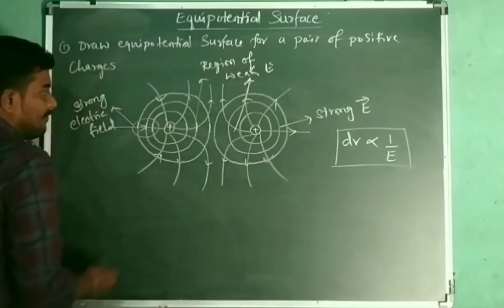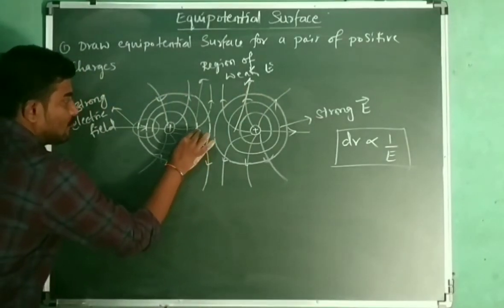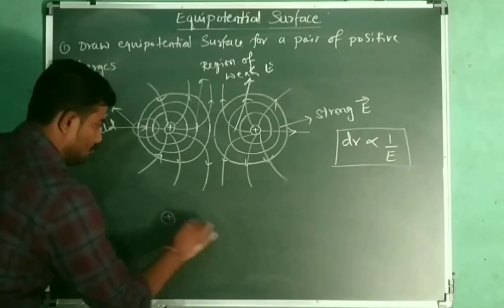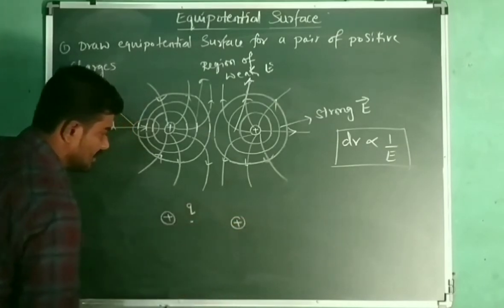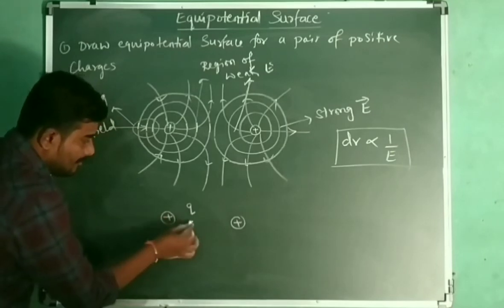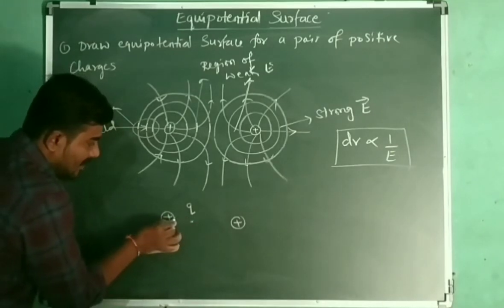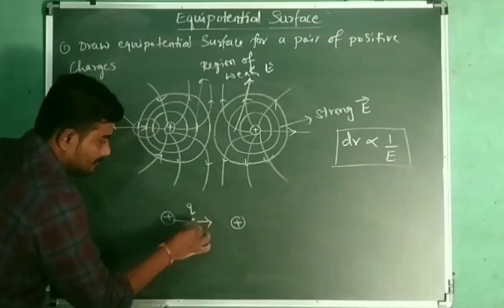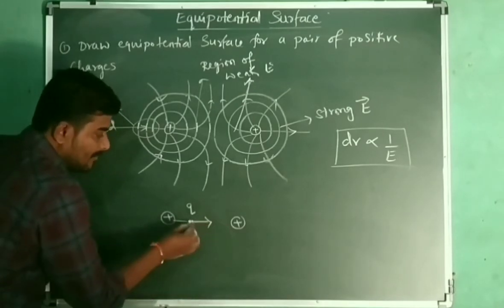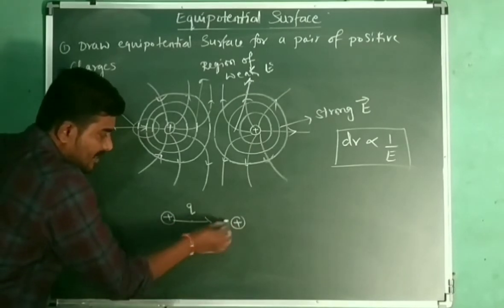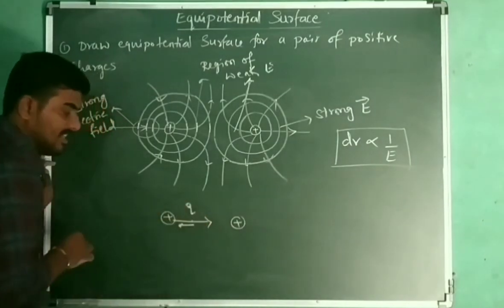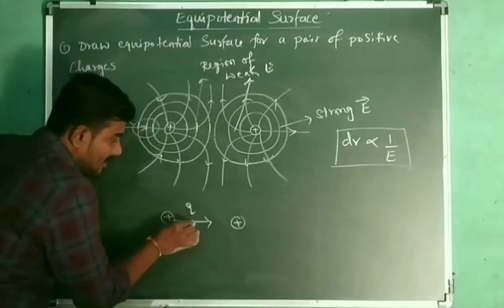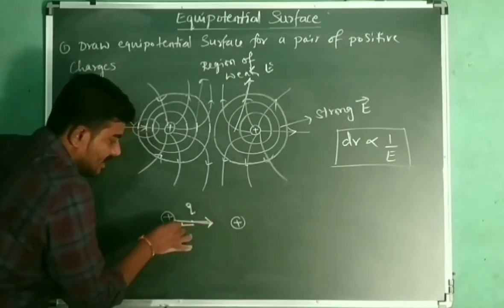See here, if I place a test charge at this location, say this is a positive charge, this is a positive charge. If I place a test charge Q at this location, this test charge will experience a repulsive force in this direction, and similarly it will also experience a repulsive force in this direction. This charge is experiencing two forces, one in this direction, another in this direction.